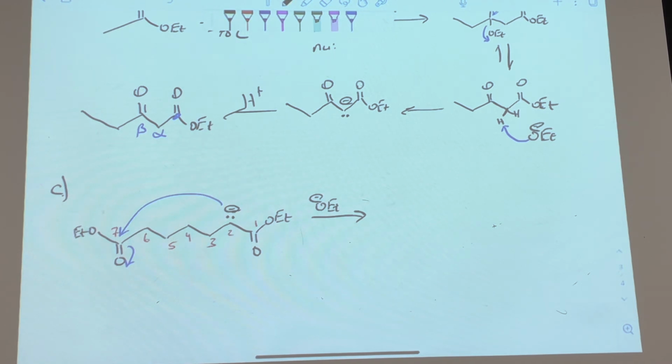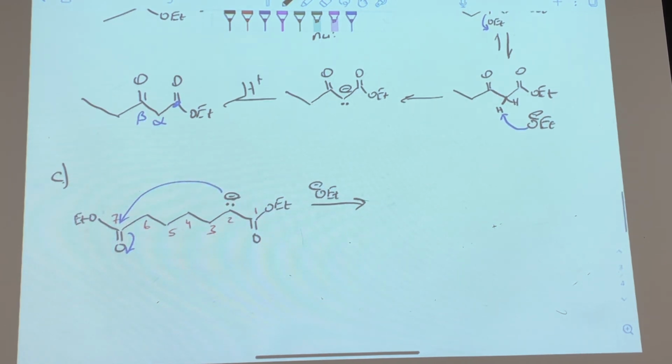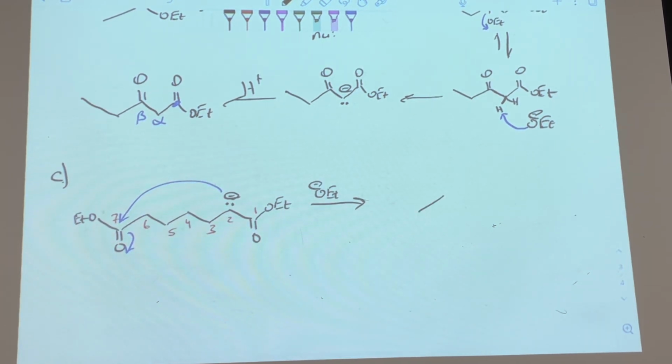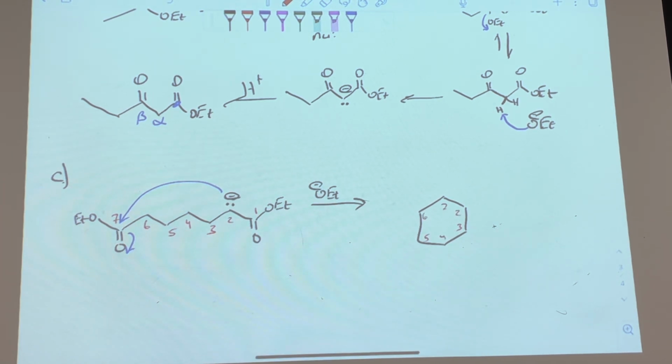So like before, I'm just going to draw that out and then worry about what's sticking off of it later. There's my 6-membered ring. I'm going to number this in the same way that I did the reactant. So 2, 3, 4, 5, 6, 7. Carbon 1 is sticking off of carbon 2, so you have this ester just kind of hanging out.